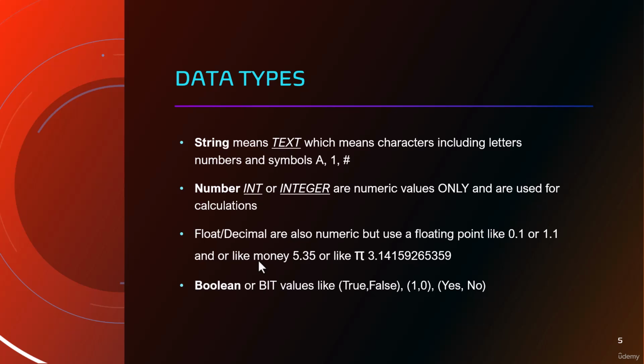And then you have yes and no, and there's all different types of things. This is what it means to be binary or Boolean, okay? And so it's just a bit, and a bit is a 0 or a 1. It's either on or it's off, okay? So again, think of Boolean like a light switch.